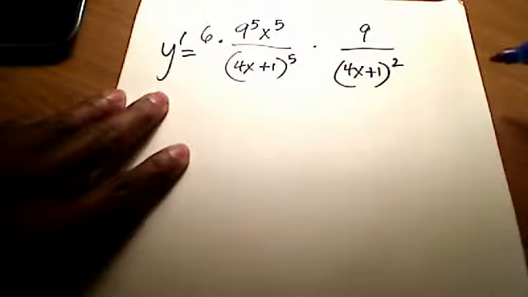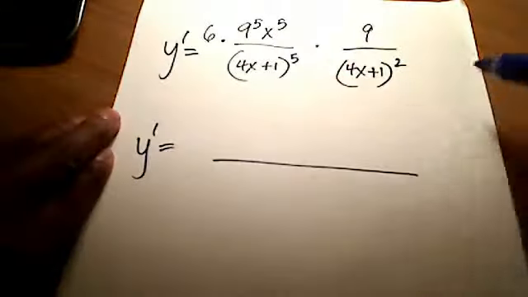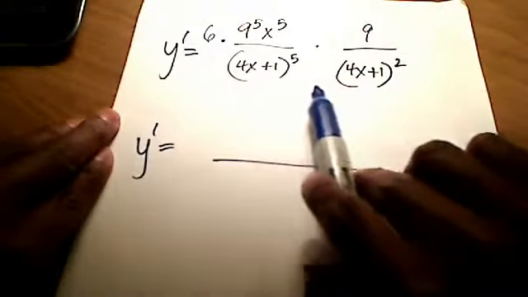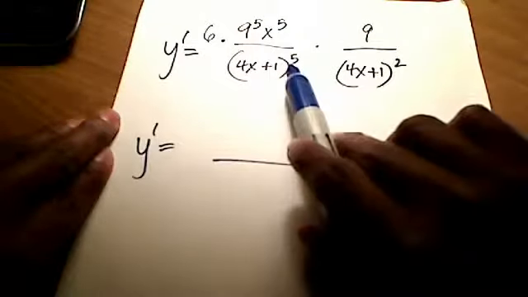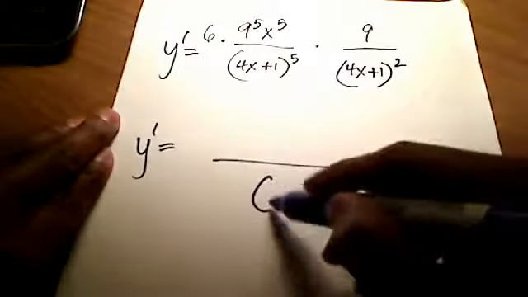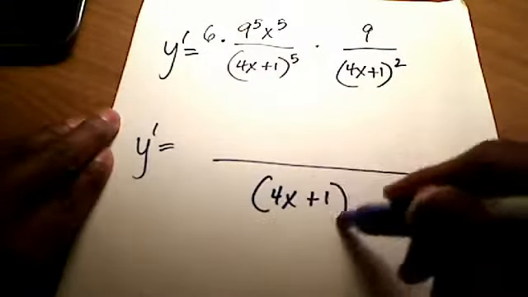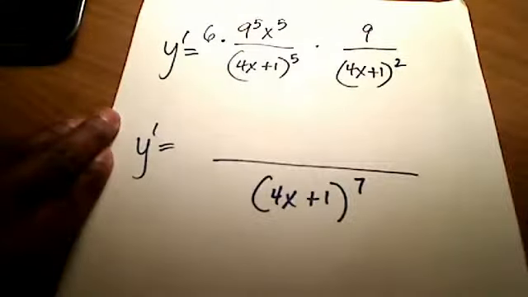So I hope you see, if I'm just looking at the denominator for now, that I have a total of 7 of these 4x plus 1s. I've got 5 of them here, I've got 2 of them in there. Since the bases are the same, I'm just going to keep the same base of 4x plus 1 and say I've got a total of 7 of them all together, okay?